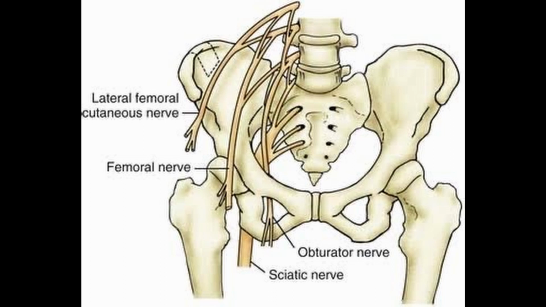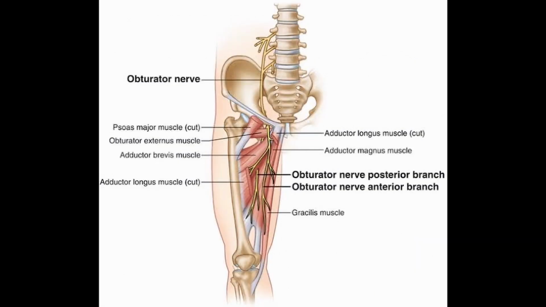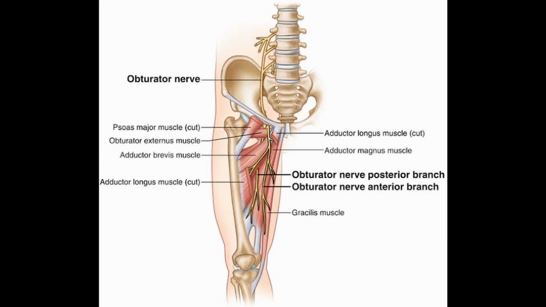It then travels posteriorly to the common iliac artery and laterally along the pelvic border toward the obturator foramen of the pelvis. The obturator nerve enters the medial thigh via the obturator canal and then divides into the anterior and the posterior branch. So this is a diagram of the obturator nerve.